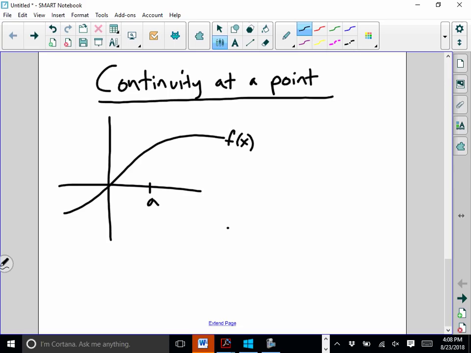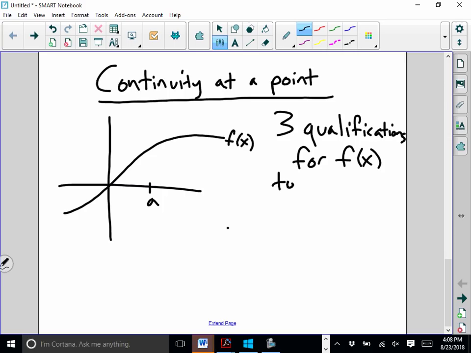But for continuity to exist, we are going to talk about three qualifications for f of x to be continuous at a point a, some made-up point a.